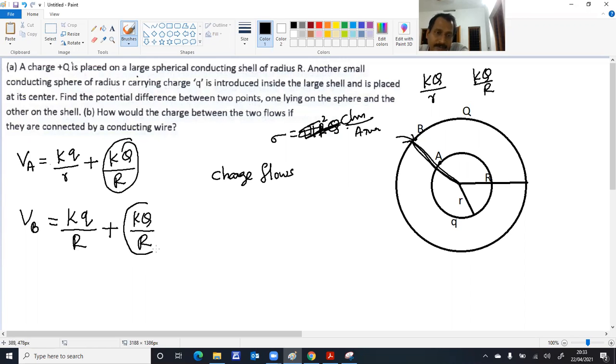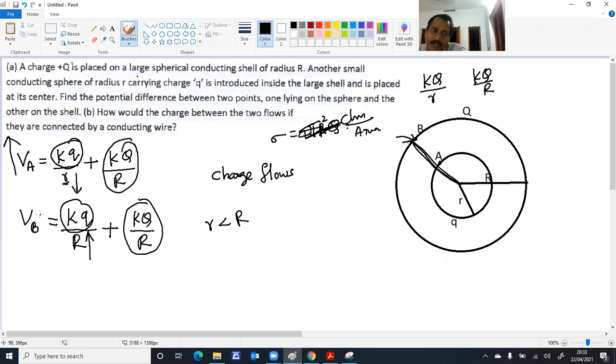KQ is common in both. The only difference is small r and big R, and we know small r is less compared to big R. If small r is less, that potential should be greater.